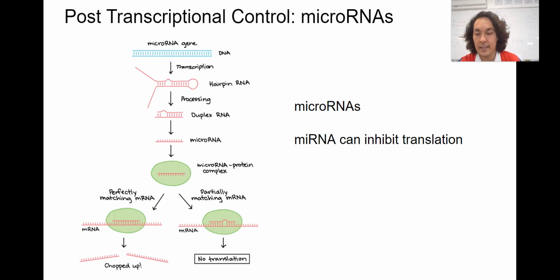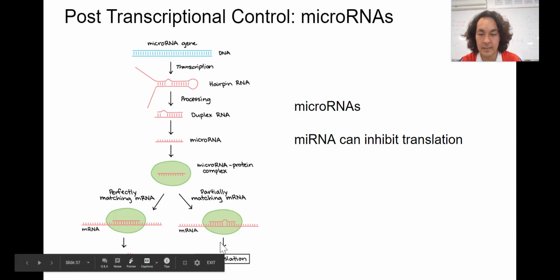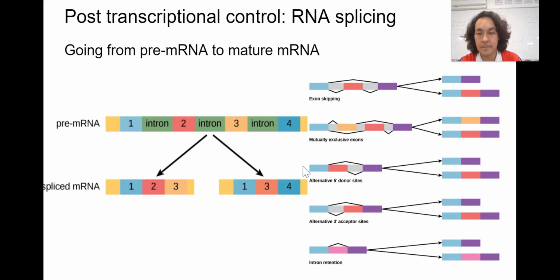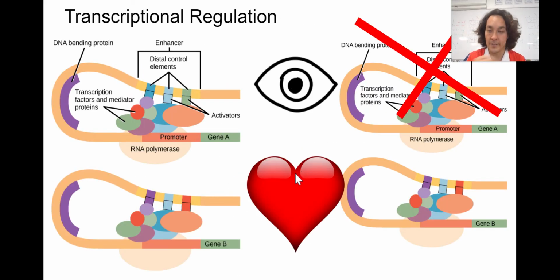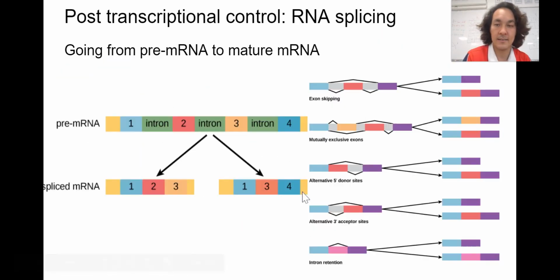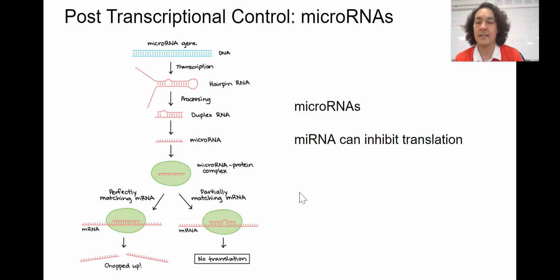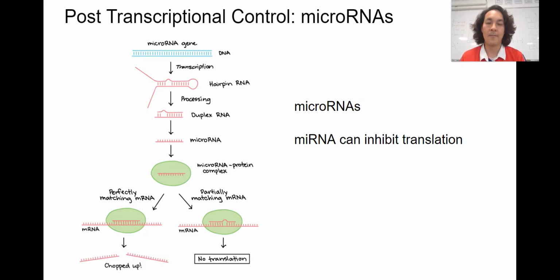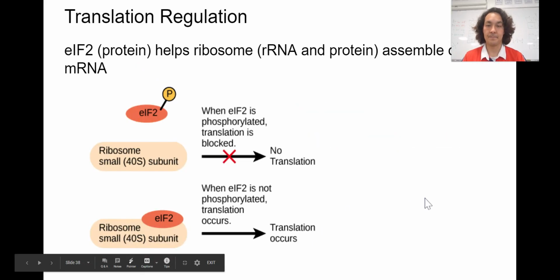So even if mRNA is made, but we don't want it to be turned into a protein, we can use microRNAs to actually slice them up and dice them up and prevent translation. So this type of regulation would let transcription happen or not. With a microRNA, the transcription's already happened, but we can chop up the RNA before it gets out into the cytoplasm to be read at a ribosome.